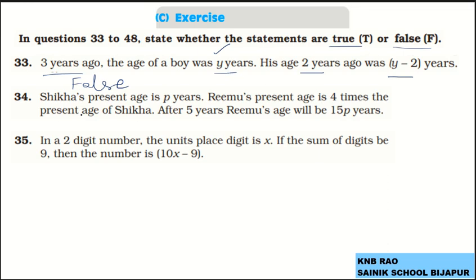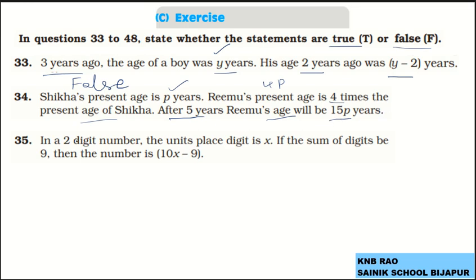Then coming to question number 34, Shika's present age is p years. Remu's present age is 4 times the present age of Shika. That means Remu's present age is 4 times p. And after 5 years, Remu's age will be 15p.